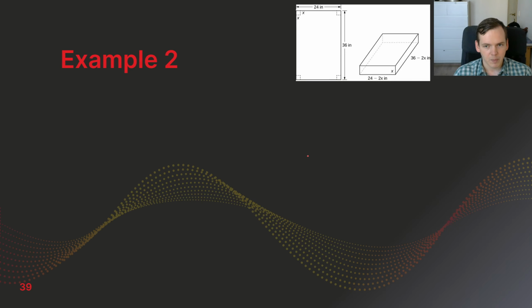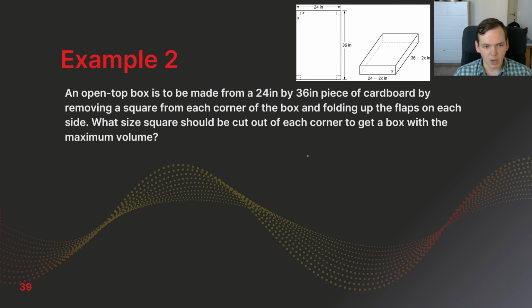A second example is this box that's going to be made from a 24-inch by 36-inch piece of cardboard, cutting out a square from the corner of each, and then folding up the flaps so they make sides. What size square should be cut out to get the maximum volume?